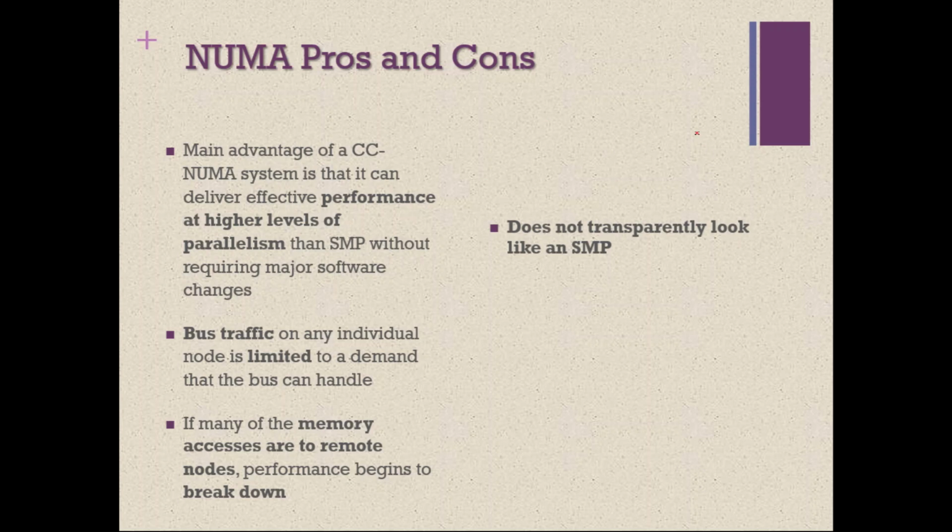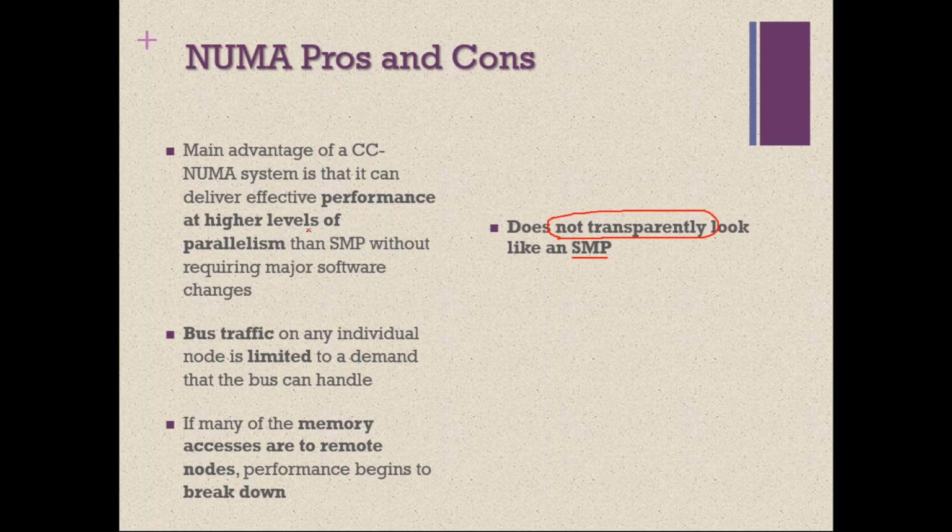Here again it is said that it is not transparent like SMP. This is actually the English term transparent. SMP is transparent because in SMP you do everything explicitly, as there is only one shared memory and everything happens explicitly.